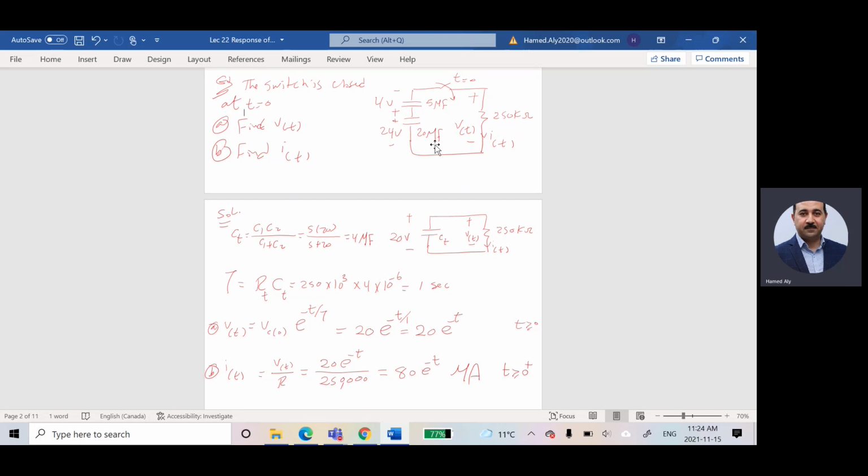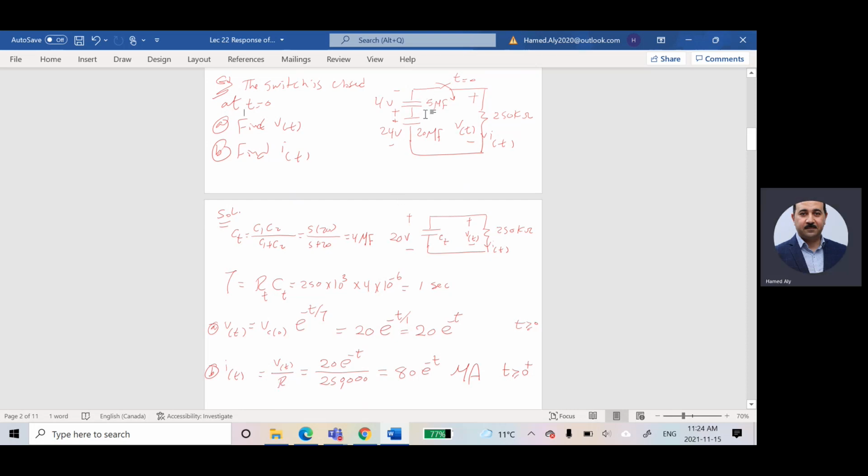Like what he said, we started with I is equal to C dV by dt, right? And we know that V is equal to 1 over C integral of I dt plus the initial voltage. So if you would like to find the voltage across 5 microfarad, you are going to use the current equation.